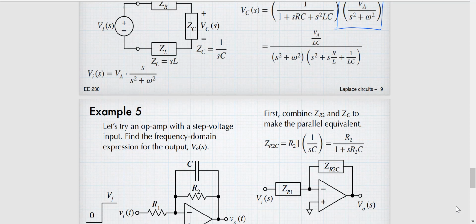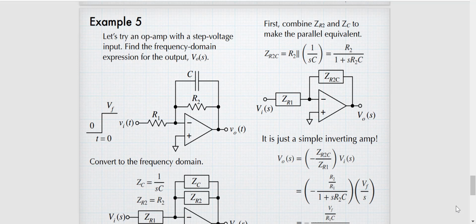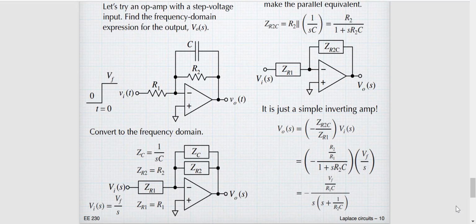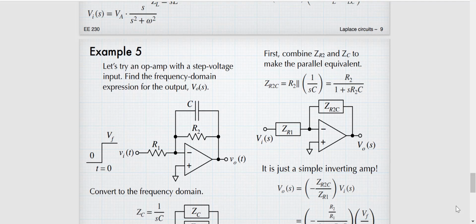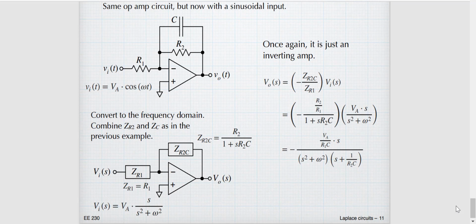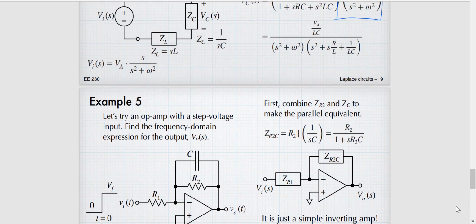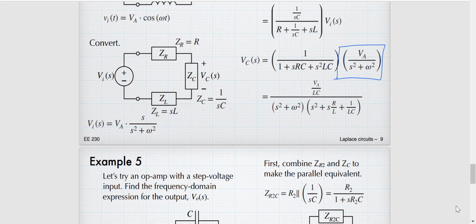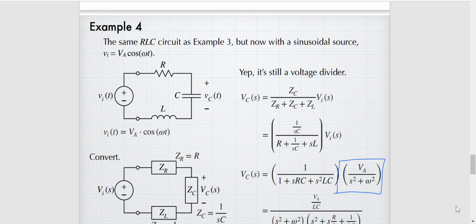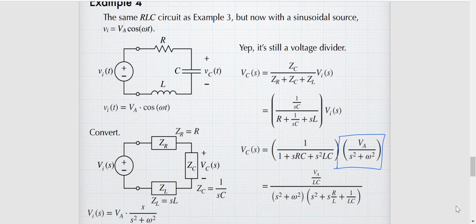Okay, and this one, if you want to use the operational amplifier, op-amp, I skip the op-amp because you have to learn the characteristic of op-amp first before I give the example. For the example, only example number 4 is from the simple circuit.